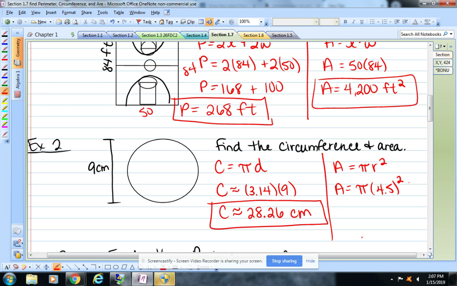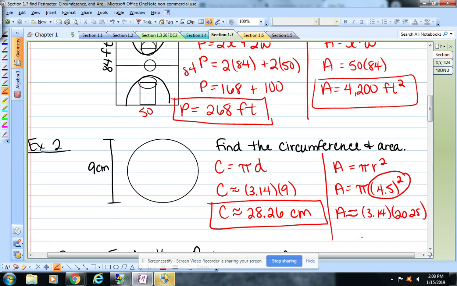Do I multiply pi times 4.5 first, or do I square 4.5 first? Exponent before you multiply, correct? So you do your exponent first, please. What is 4.5 squared? So then you say 3.14 times 20.25.